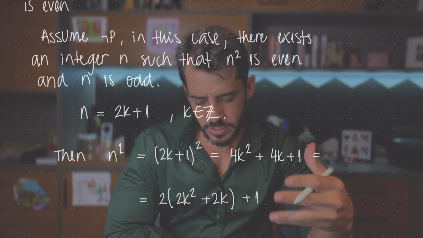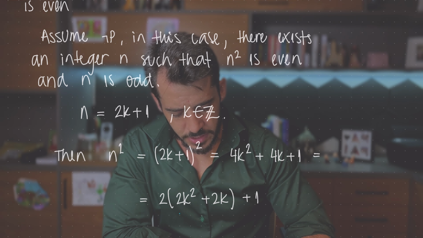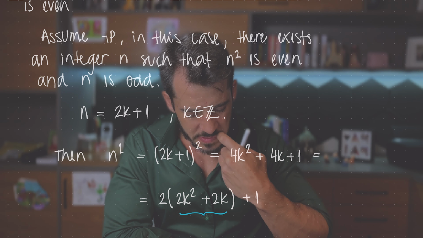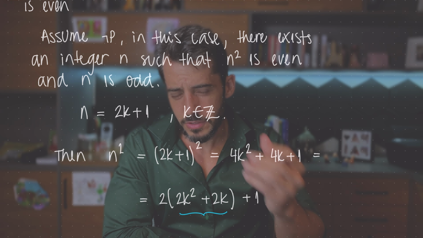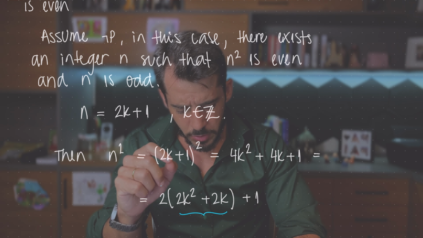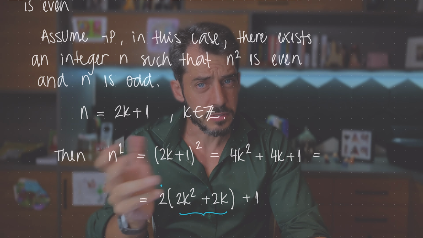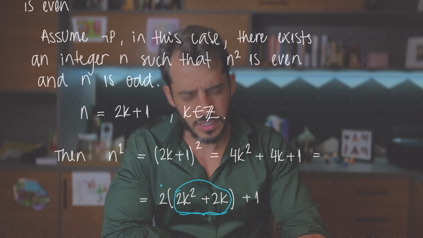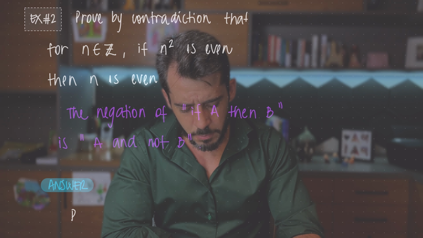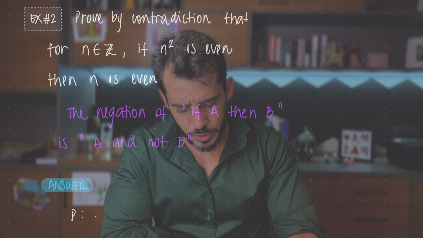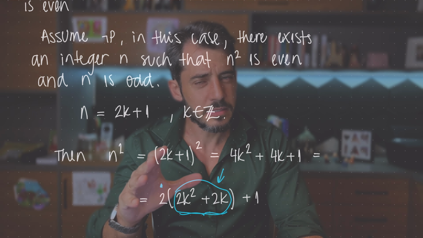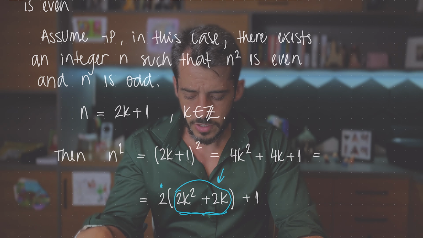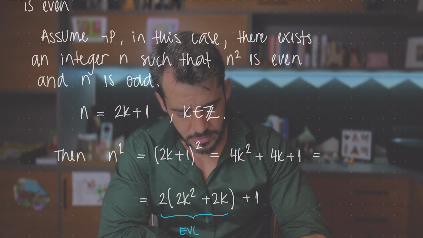Now we have a contradiction right here, given the fact that this, which by the way is already even, but the main thing is multiplying by 2 makes it even. Even if this was odd, which it is not, when you multiply it by 2, that makes for an even integer, which means that this is even.